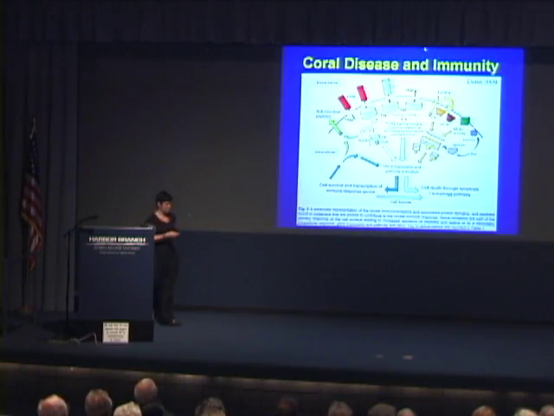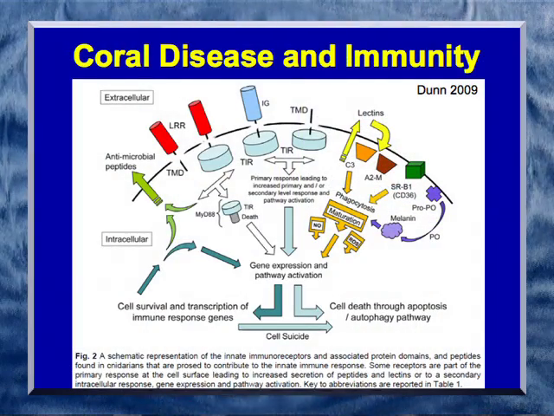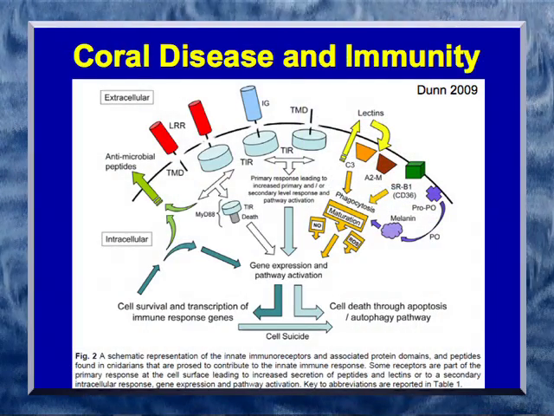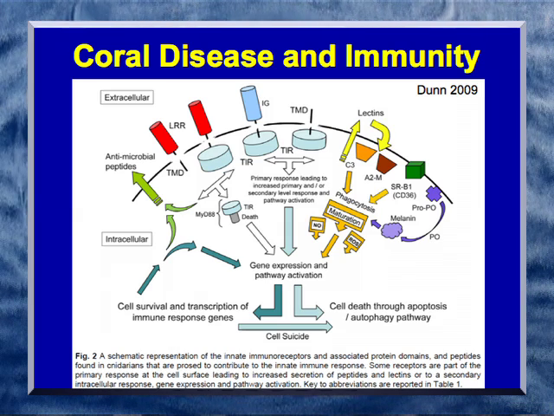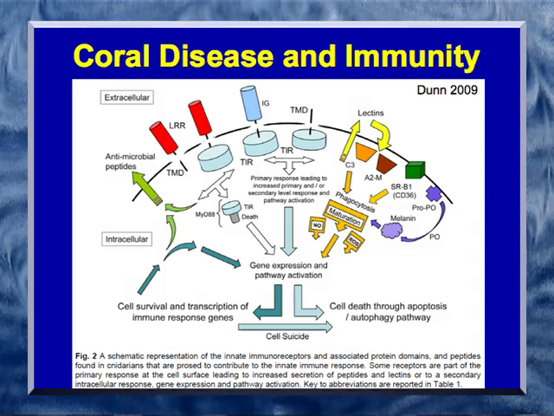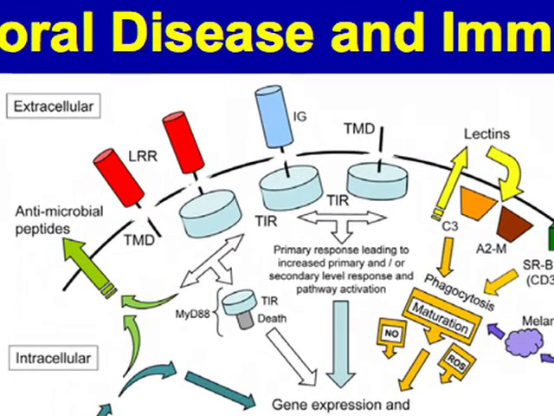And I'm not going to go into too much detail on this diagram, but this is taken from Dunn in 2009. And it is a representation of innate immunoreceptors and protein domains in cnidarians. So when I talk about cell signaling molecules, this is what I'm referring to up here, and these would be the receptors. So this is a cell wall.